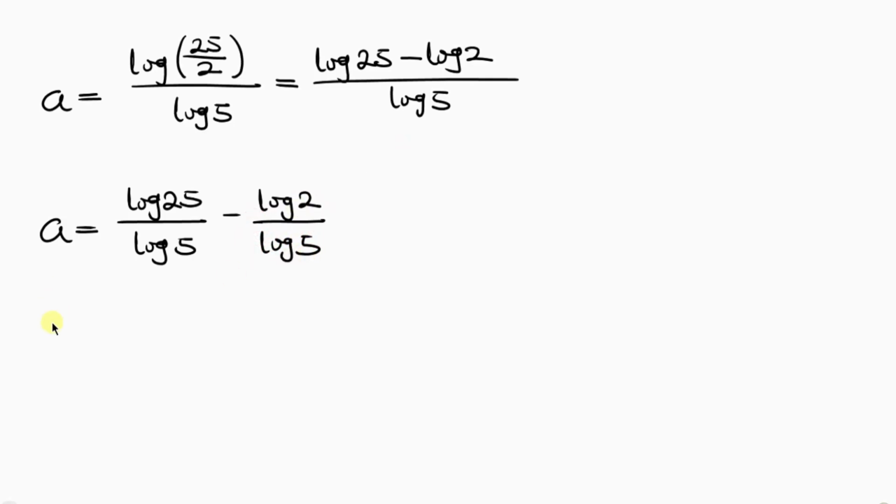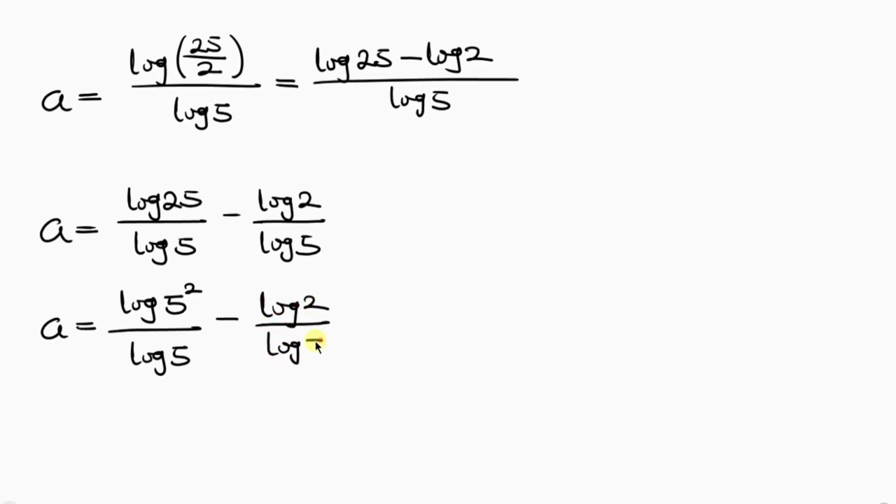So this becomes a to be equal to log 25, 25 is same as 5 squared, all over log 5. Minus, we're going to be leaving this like this, which is log 2 over log 5.